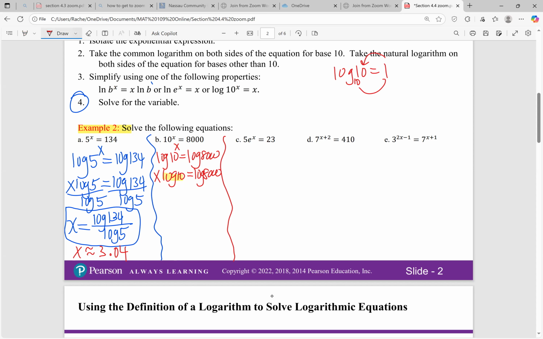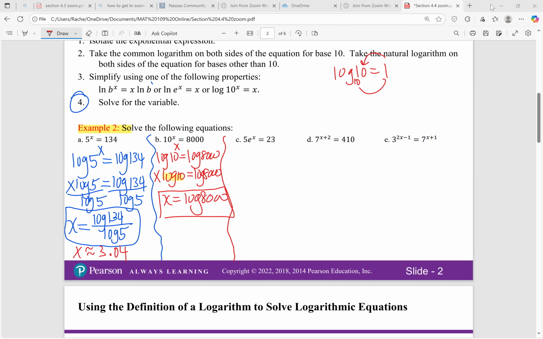So this is really just x is equal to the log of 8,000. And again, we could put the approximate answer into the calculator, but I want to leave it in exact form. So this would be my exact answer. x equals the log of 8,000.